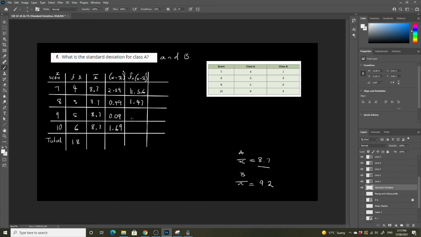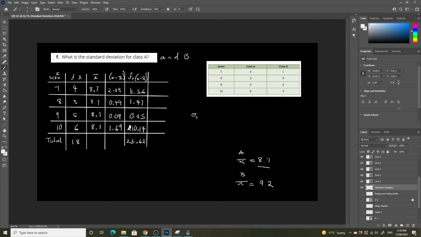And 5 times 0.09, which is going to be 0.45. And then 6 times 1.69, which is going to be 10.14. Then we add all these up, which is going to be 23.62. So now we've got everything we need to calculate the standard deviation.